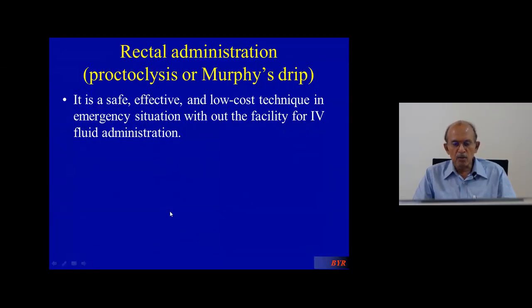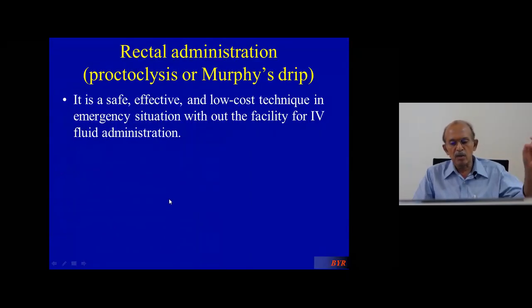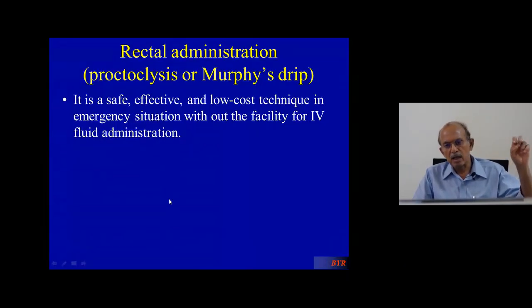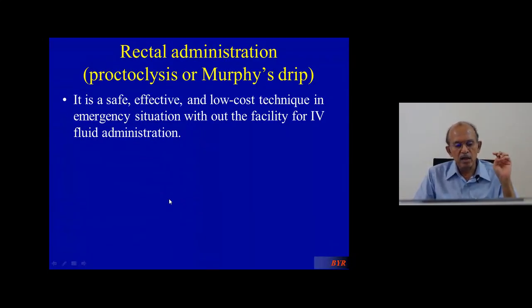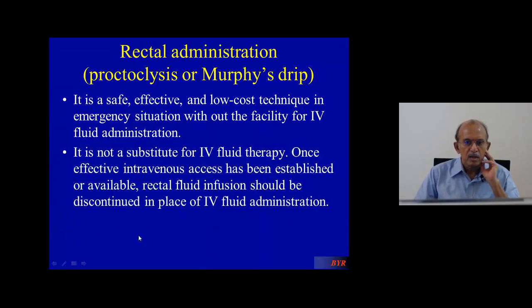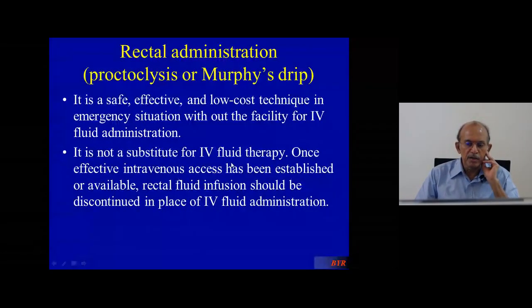So in very remote villages or remote places where medical facilities are not available, where IV drip is not available, then immediately you can put normal tap water with salt and potassium and you can administer, but glucose should not be given. Only electrolytes can be given like this. It is not a substitute for intravenous fluid therapy. Once effective intravenous access has been established or available, rectal fluid infusion should be discontinued in place of IV fluid administration.